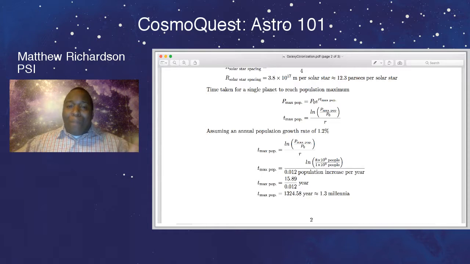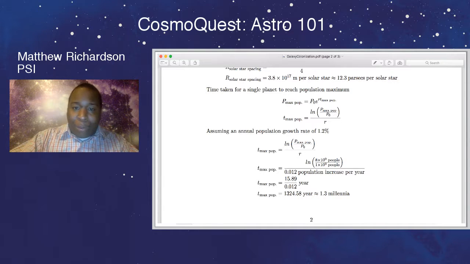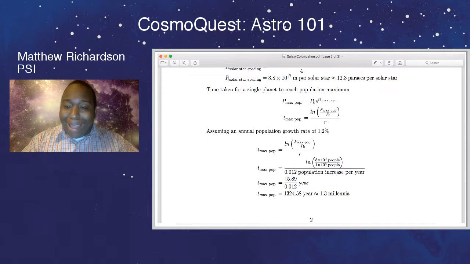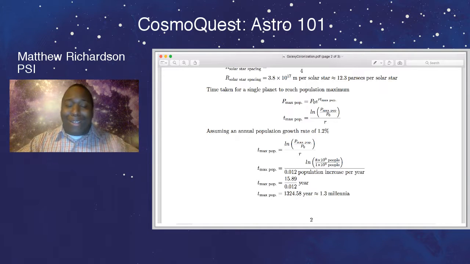Now, this is a much smaller amount of time compared to how long it took for humans to reach the current population size that we have today. Of course, we don't have to worry about things like evolution. Now that I think about it, while they're traveling from one planet to another, that might actually be enough time to undergo some form of space evolution. But in this calculation, we don't consider any of that.